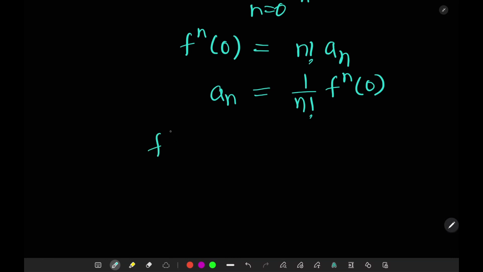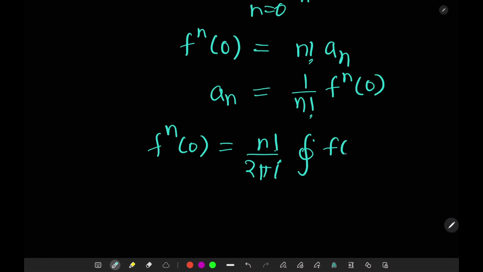Now using here Cauchy integral, factorial n divided by 2 pi iota integral f(z) divided by, here this is a formula for this.